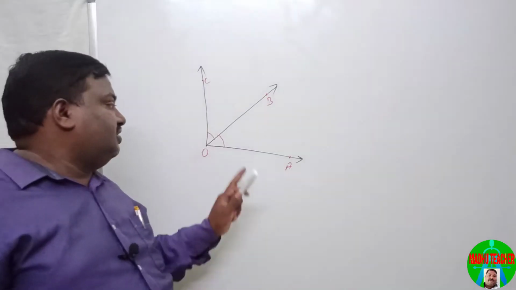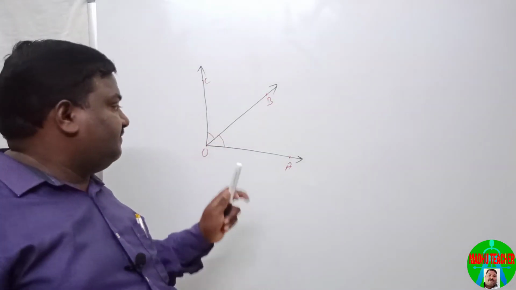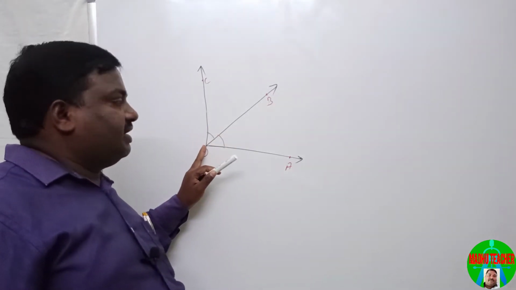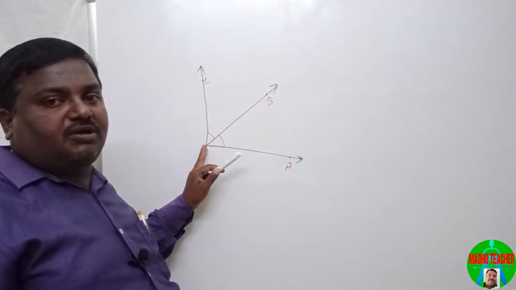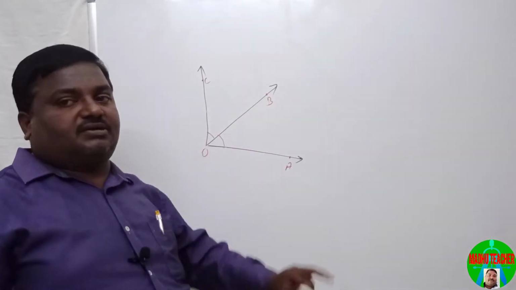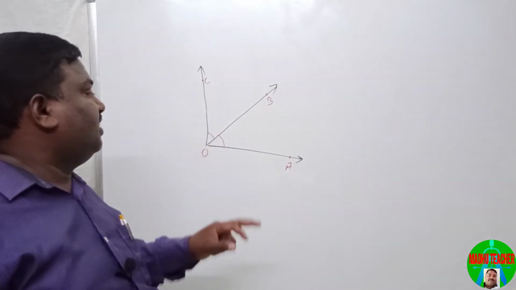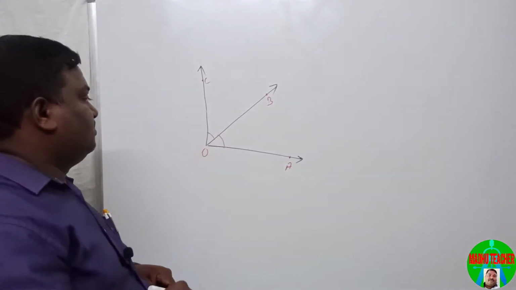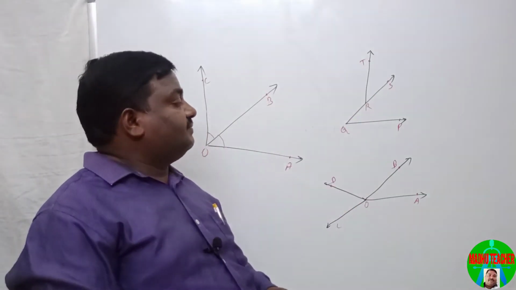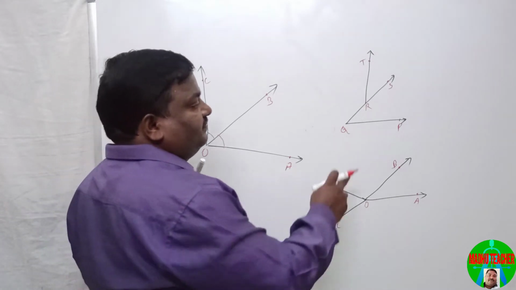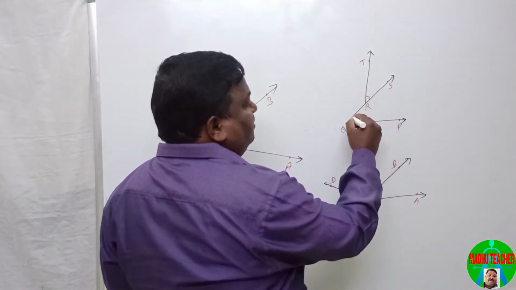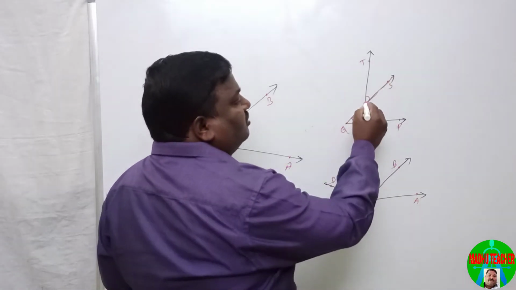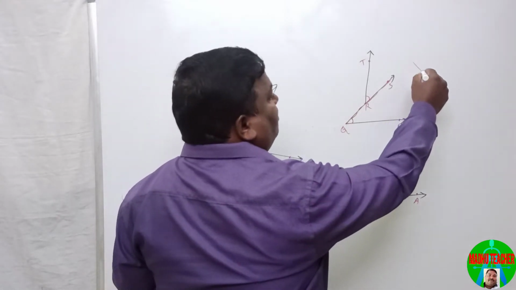Such angles are called adjacent angles. That means if two angles have a common vertex and a common side or common arm, then the angles are called adjacent angles. Suppose let us observe these two figures. In this, these two angles have a common arm, but not a common vertex. These two are not adjacent angles.